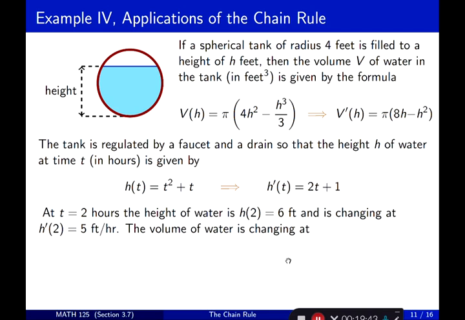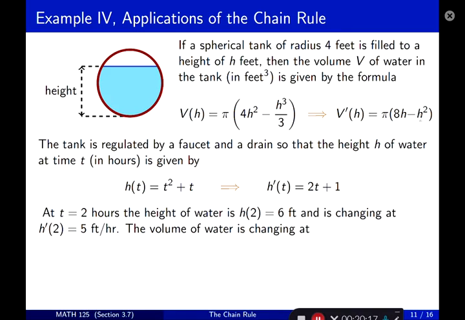And so the last thing is, from what we remember of the chain rule, you need to find dV/dh when t is equal to 2, which means h is equal to 6 at that instant. So you have to plug in 6 into V'(h). You have to plug in 8 times 6 minus 6 squared.